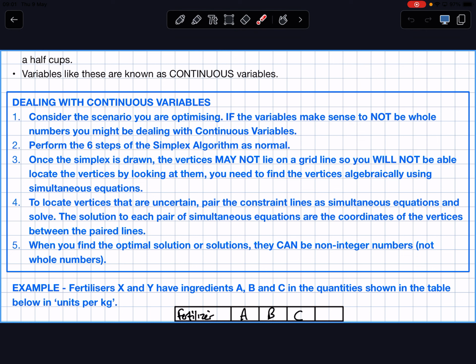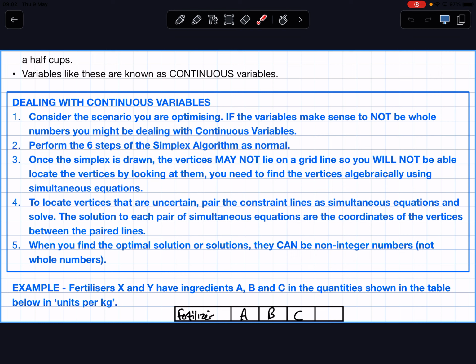Step 2, nothing new. You just do the simplex algorithm again as normal. Step 3 is the hardest part of this. Because if your vertices are not whole numbers, are they going to sit on a grid line? No. So you can't just eye it off and go, oh, the coordinate is 3, 4. You can't do that because you don't know where it sits.